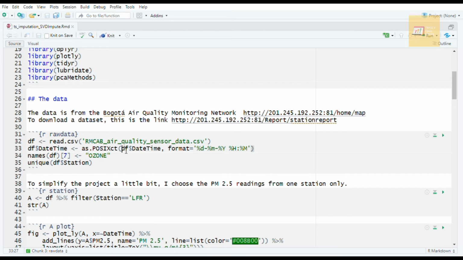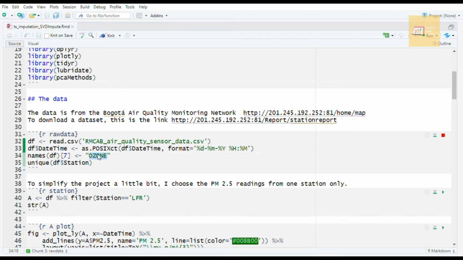Our PM 2.5 data is from the Bogotá Air Quality Monitoring Network. I'll use the same dataset from my previous project, linked here for reference. Now we load the dataset and save it as DF, then change the data type for the column date time, and rename one of the variables.